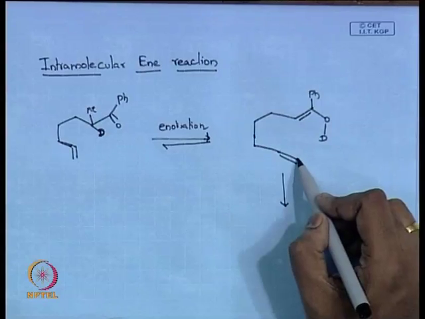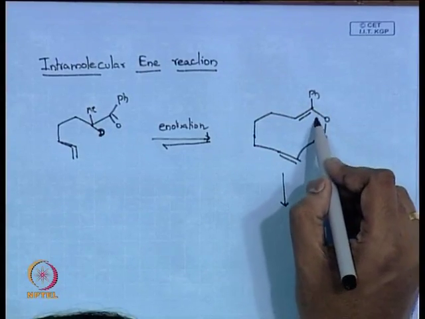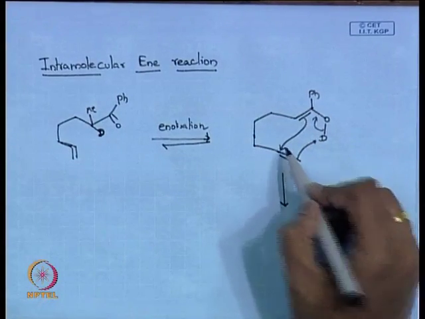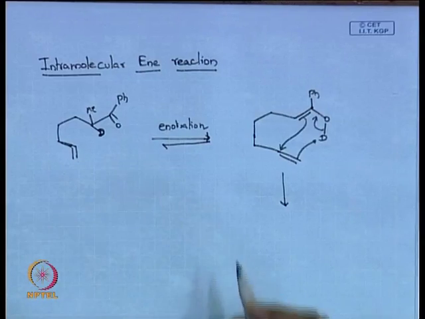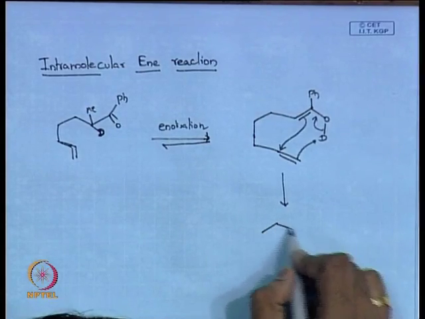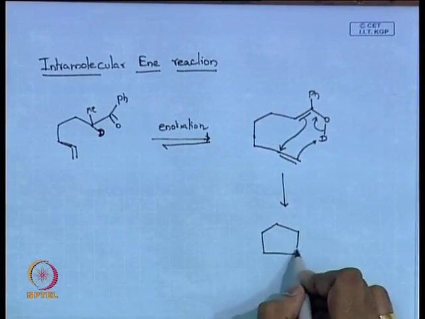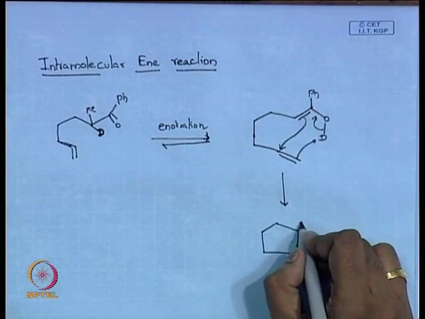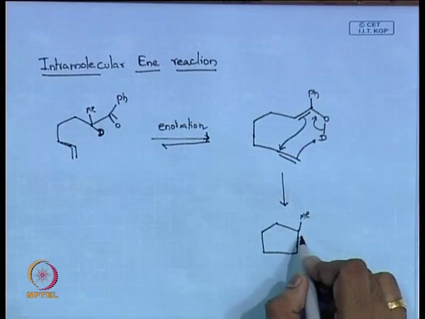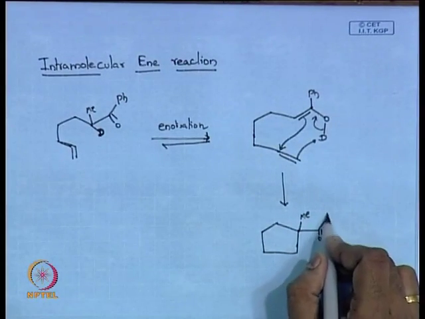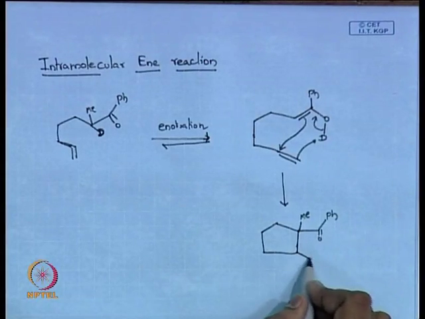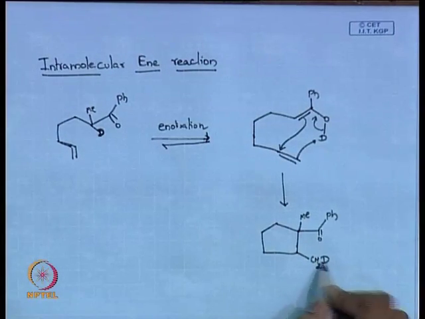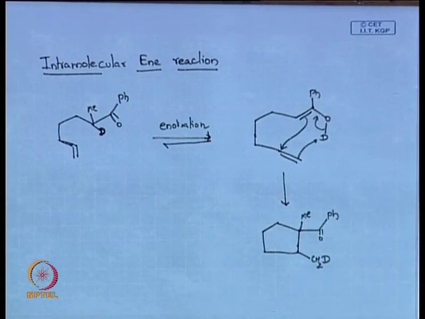So, this can take it up, and then you can have this part, which will give you methyl carbon with the phenyl, you get a CH2T, right.